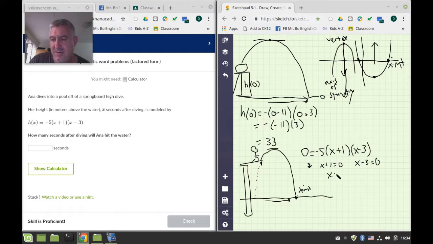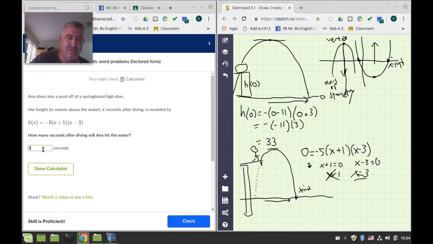So x is either equal to negative 1, or x is equal to 3. Our negative 1 time is back over here before she jumps, so it's not that one. It's after she jumps, and after she jumps it's x equals 3. So how many seconds after? 3 seconds after.